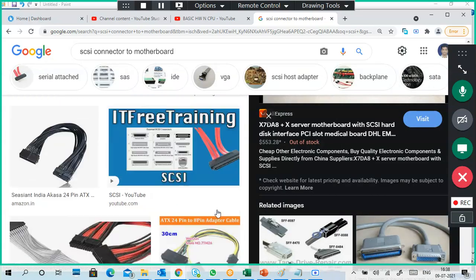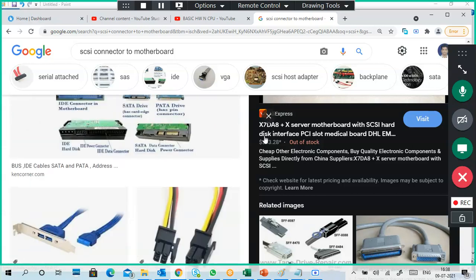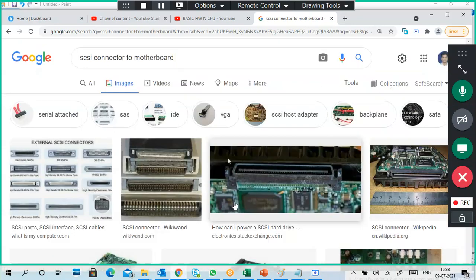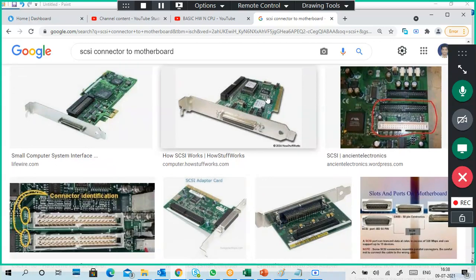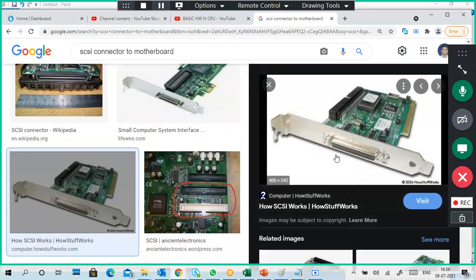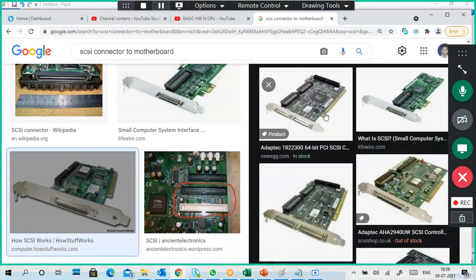This is an adapter. If you look externally, you can see there is a connector for external connection, for outside of your system. You can also see the internal one, the black one, for internal connection.